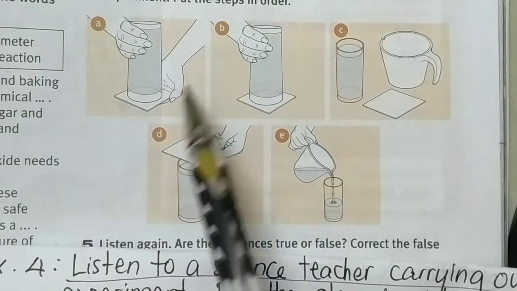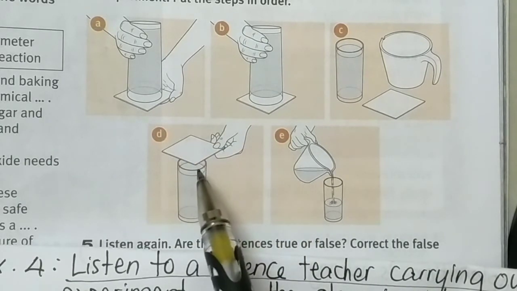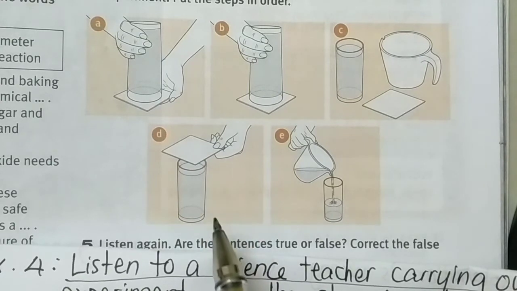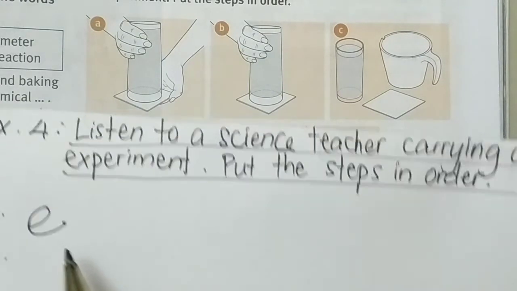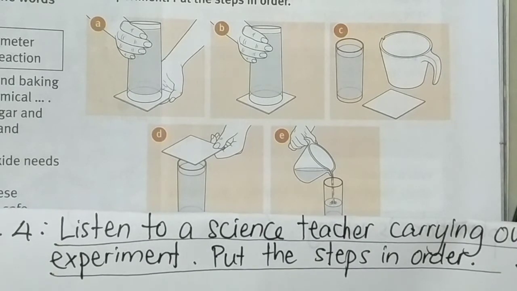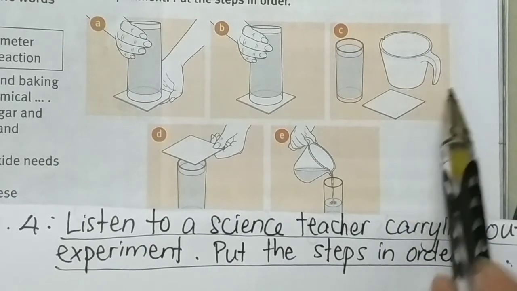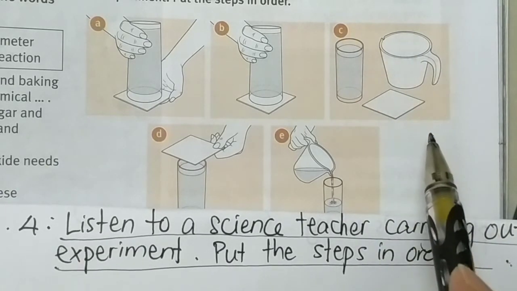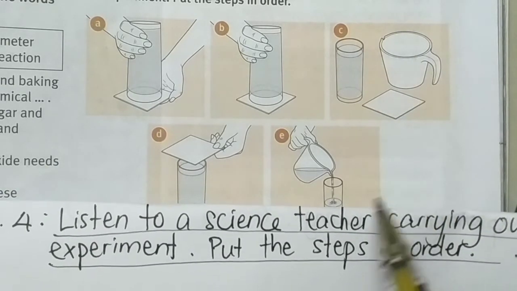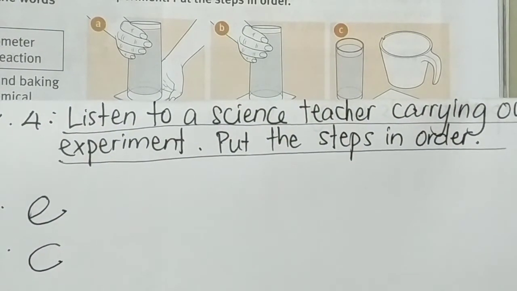So here on top, that will be D if I say put on top. Well, it has to be like this. So we start with E, right? Okay, and he says we have the jug and the glass and a piece of cardboard. So these are the equipment. Alright, so the answer will be C.